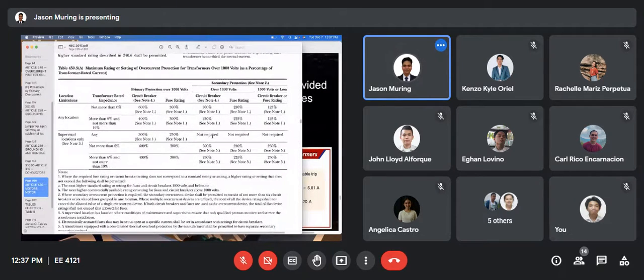For the circuit breaker, for supervised, this 250 is not required. This is a fuse, and the rating for the circuit breaker is over 1000.